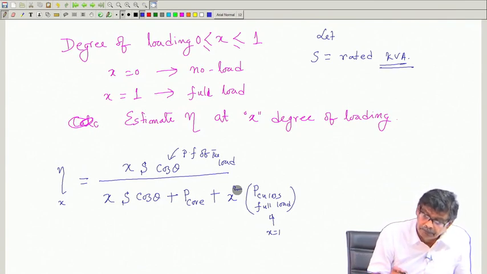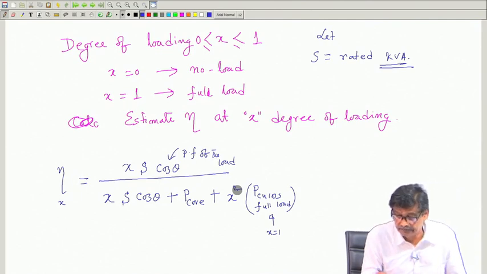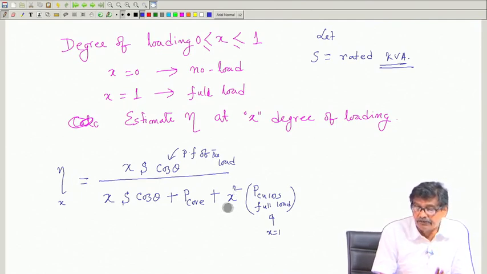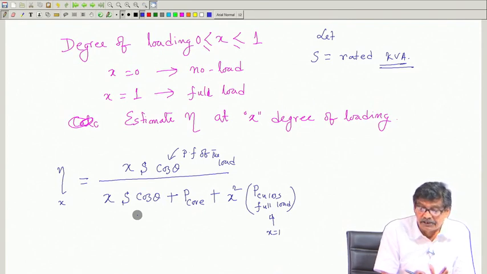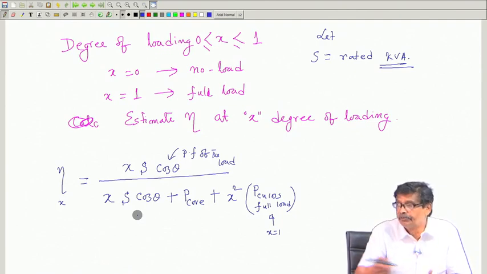Please try to assimilate this expression very clearly. X is the degree of loading, cos theta is the power factor of the load, and the efficiency of the transformer at x degree of loading is written as eta_x. What is S? The rated kVA of the transformer.